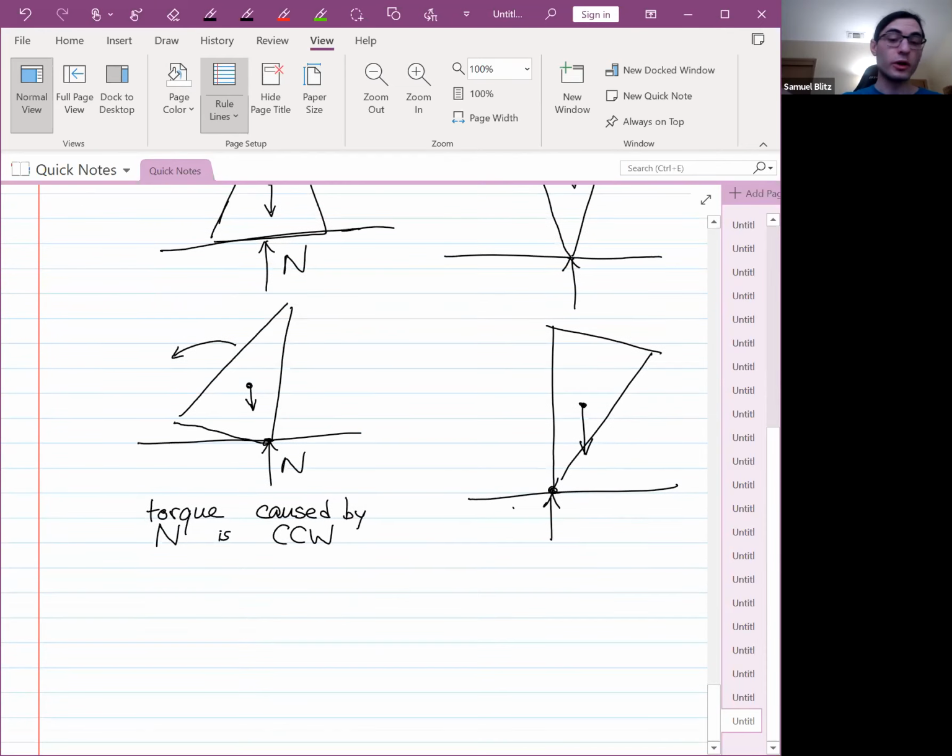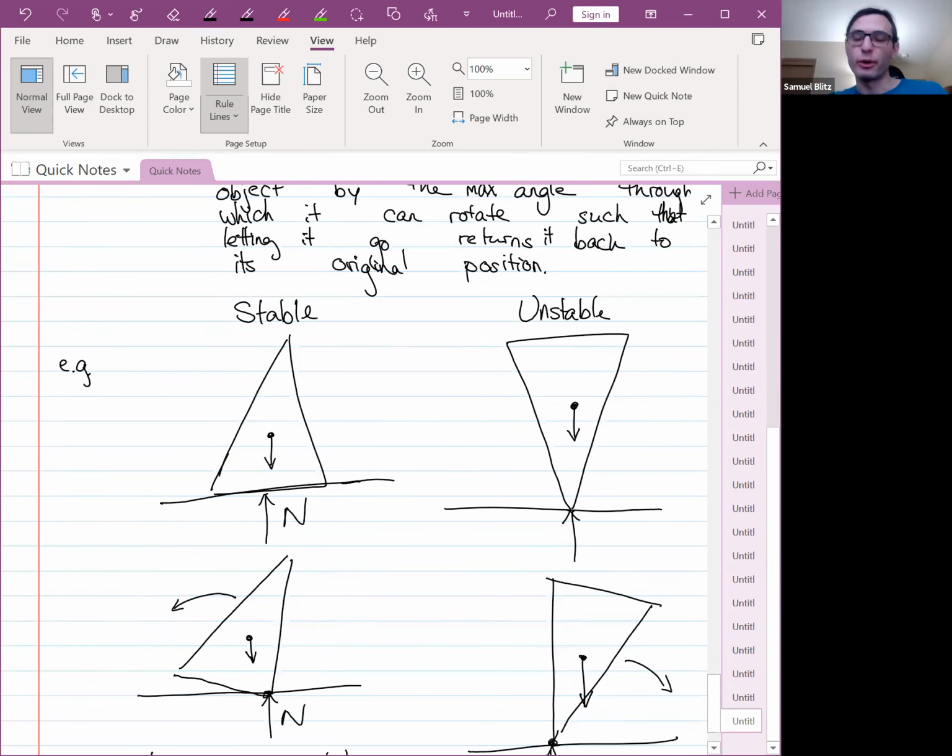Now the torque is clockwise. It will cause rotation this way. And rather than tilting back to its original position, it'll just fall over. So this would have a stability of 0 degrees, i.e. if you tilt it even just the teensiest amount, it'll fall over.